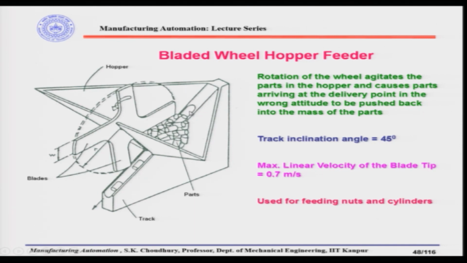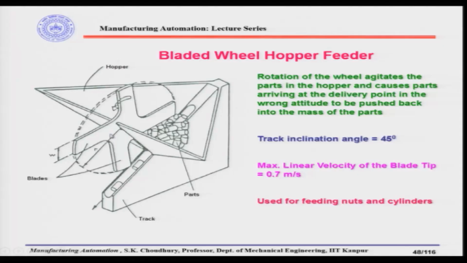The silhouette of the track is the same as the shape of the parts, and when the parts are on this track, this wheel, while rotating, will agitate the parts to be on the track, and if there is more than one part stacked, then the rotation of the blade will remove the other parts except the one which is nested in the track.